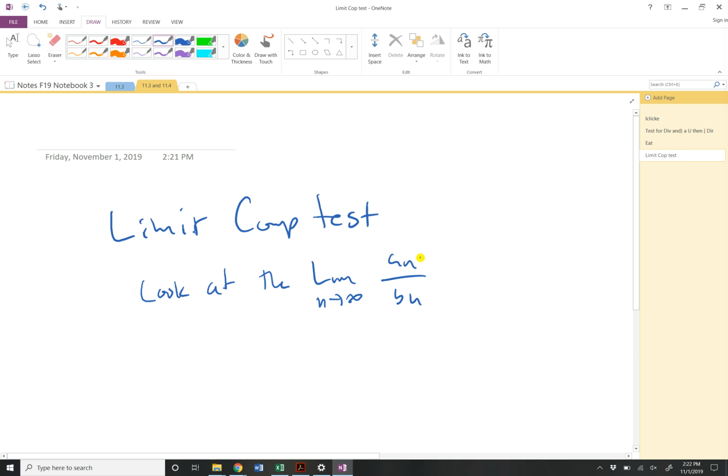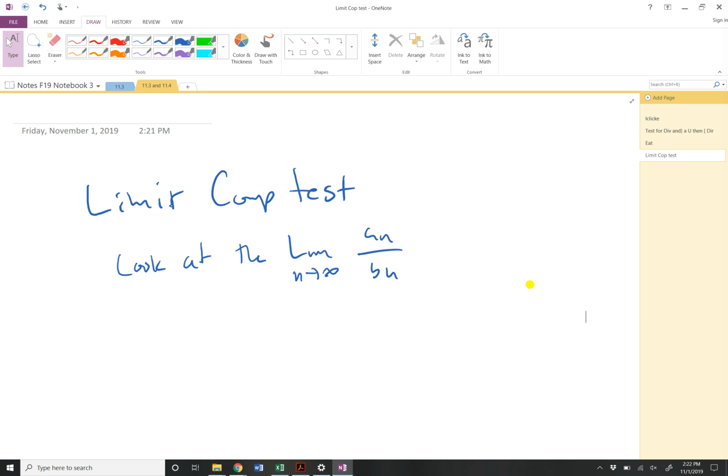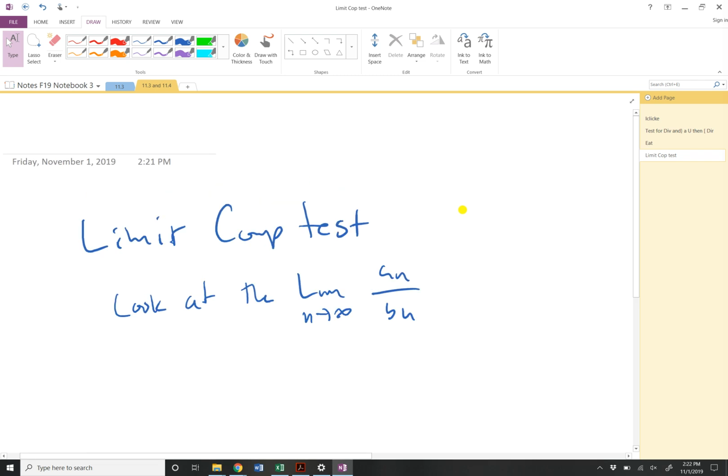It doesn't matter which one is which, which way you make your ratio, which one you put in the numerator, which one you put in the denominator. Okay? If that limit is greater than 0 and less than infinity. So this works when a_n and b_n are positive sequences.